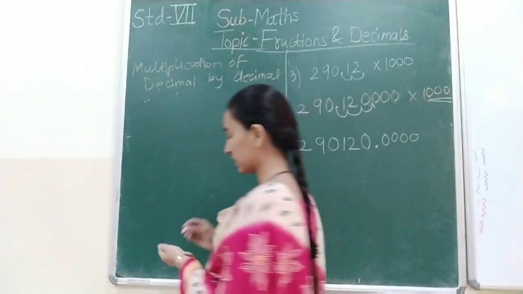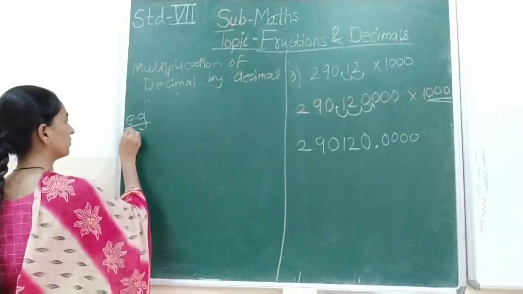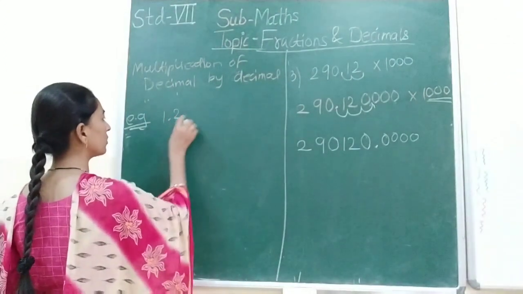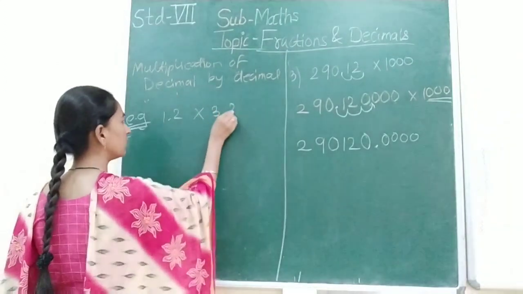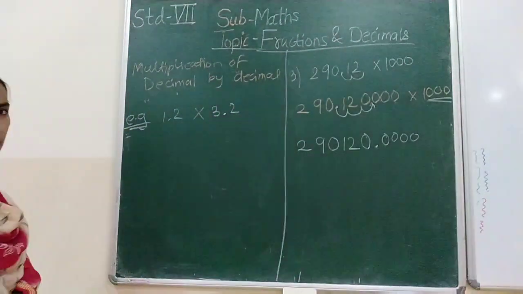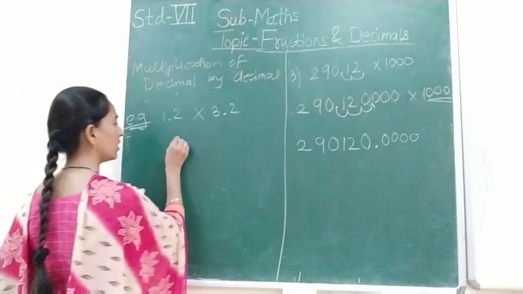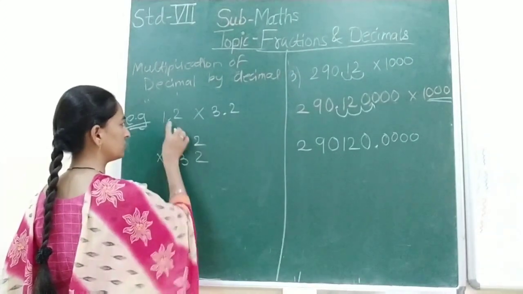How? I will take the example first. Example 1.2 is a decimal. Multiply this one by 3.2. Now see, both are decimal. First step will be take the number without decimal. This will be 12.